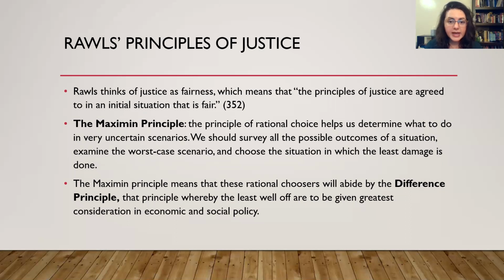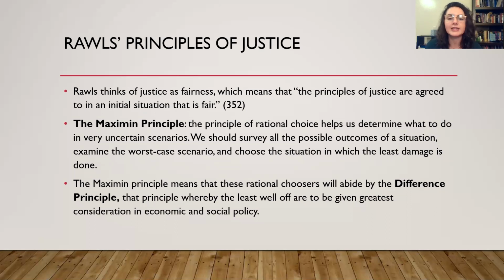Now, this maximin principle is important because remember, all of these agents don't know what their lot in life is, basically. And so, as they're choosing what scenario would I want to befall me, they would, as rational agents, choose a worst case scenario that's basically going to do the least damage to people.